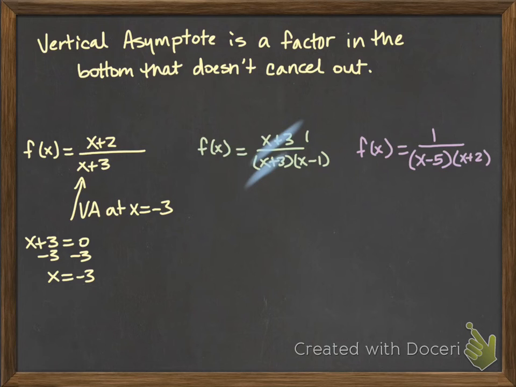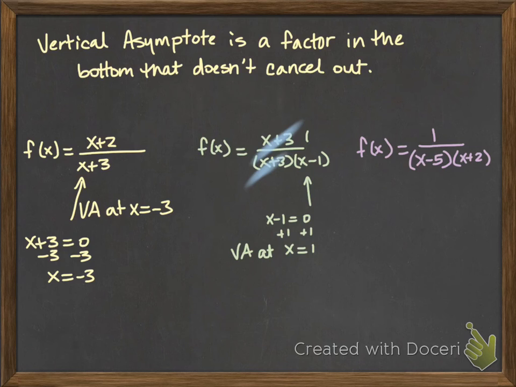But we're still left with this x minus 1 in the bottom. Something happens with this x plus 3, but it's not a vertical asymptote. The only one that's left over is our x minus 1, so that's where our vertical asymptote is going to be. We set x minus 1 equal to 0 and solve for x. So we have a vertical asymptote at x equals 1.